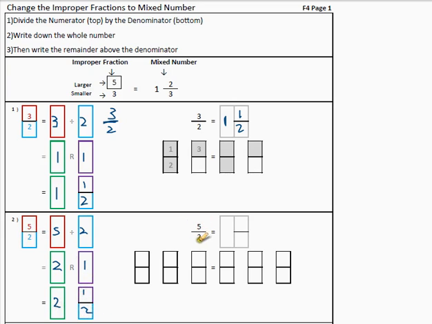Let's look, how would 5 over 2 look in a diagram? 5 halves. There's 1 half, 2 halves, 3 halves, 4 halves, 5 halves. In other words, that is 1 whole, 2 wholes, 2.5 wholes.